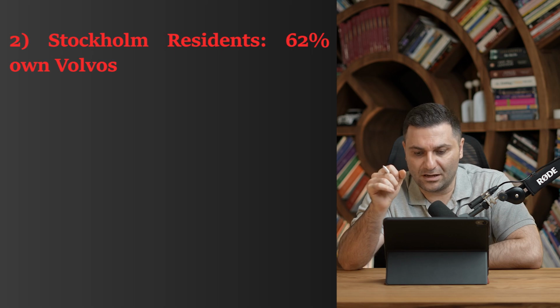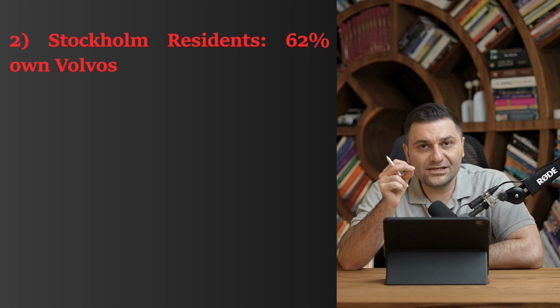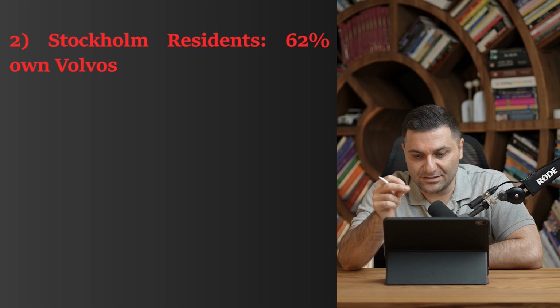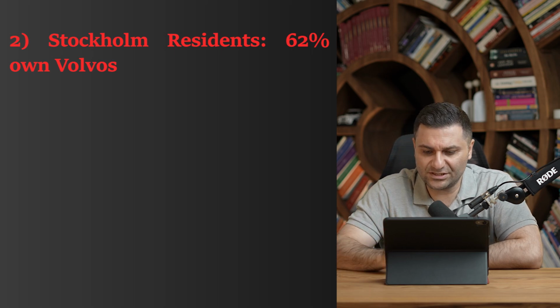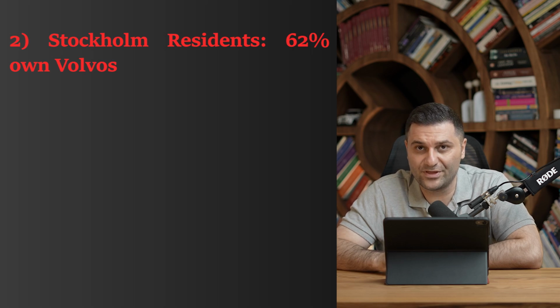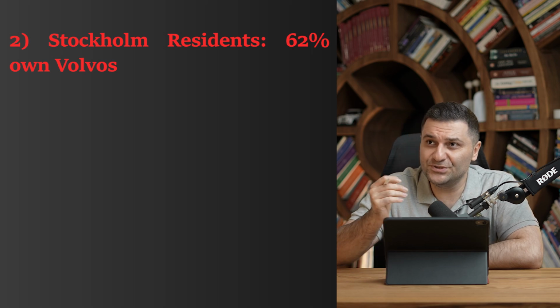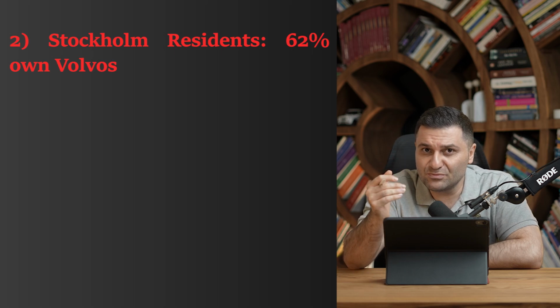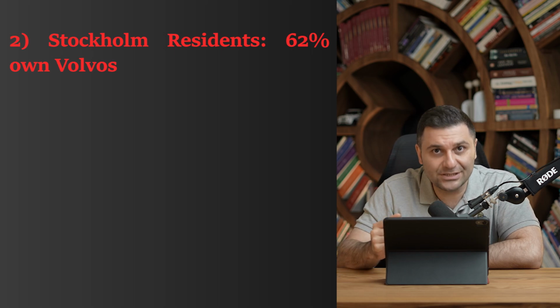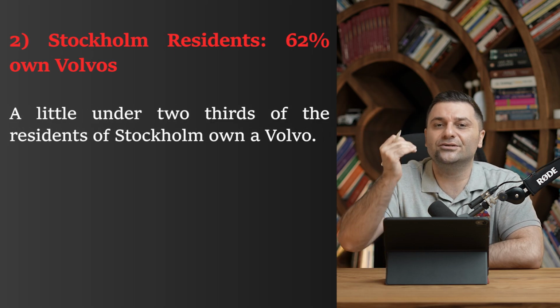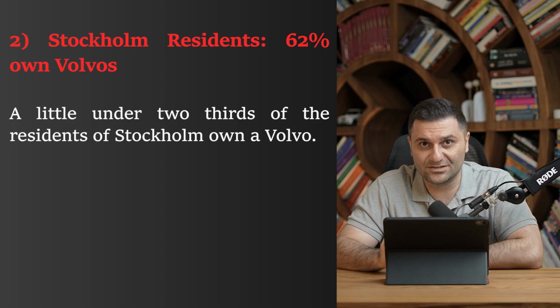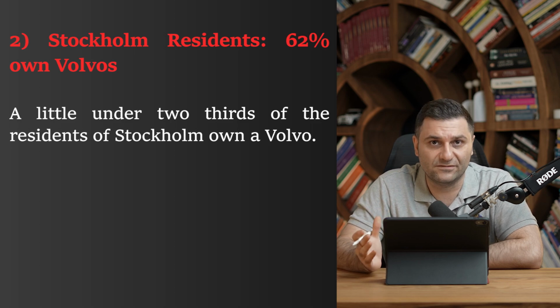All right, this is our first question and actually an answer. Now, let's work on the second question. We're going to talk about Stockholm residents. 62% of the residents own Volvos. So how can we say this? Instead of 62%, you know that 66% was 2/3. So 62% is a little under 2/3, right? So we can say: a little under 2/3 of the residents of Stockholm own a Volvo.